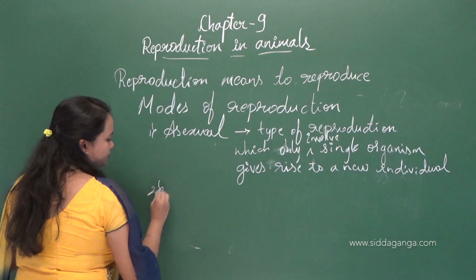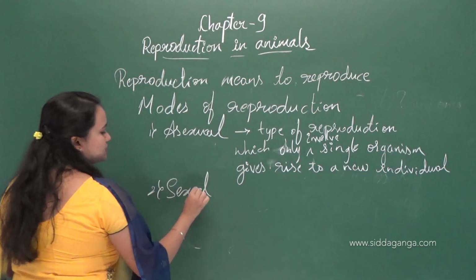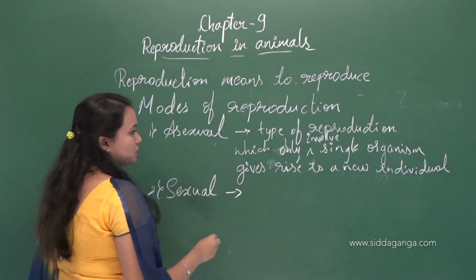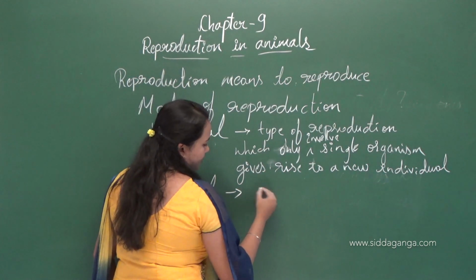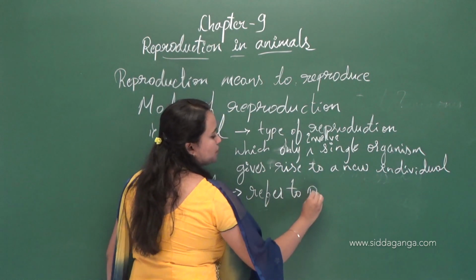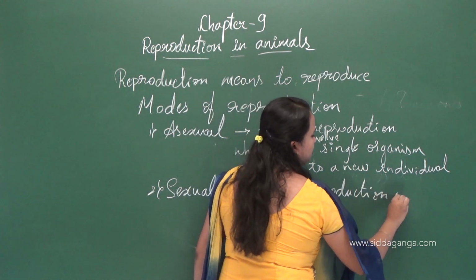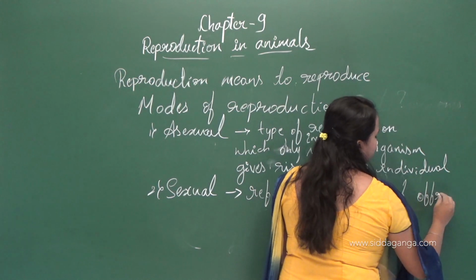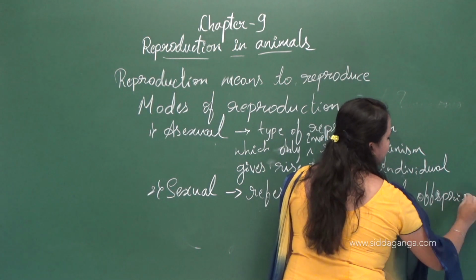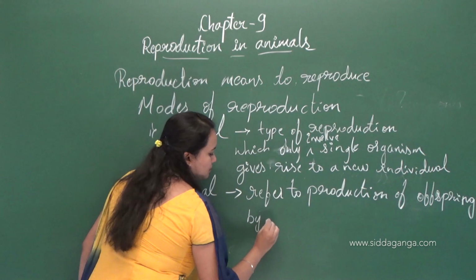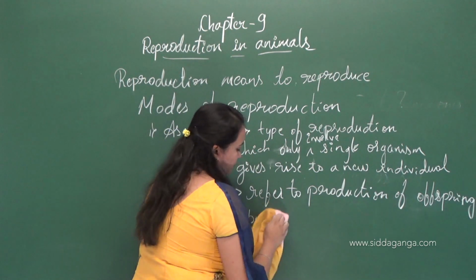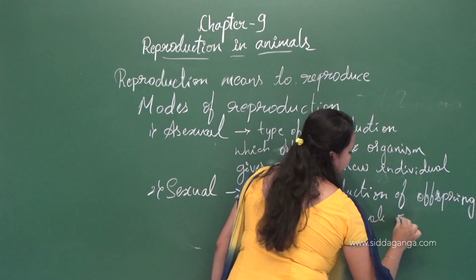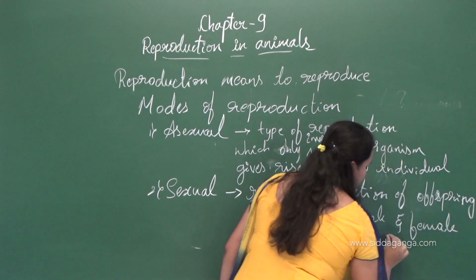And coming to sexual reproduction. Sexual reproduction is a type of reproduction that refers to the production of new offspring by involving the fusion of male and female gametes.